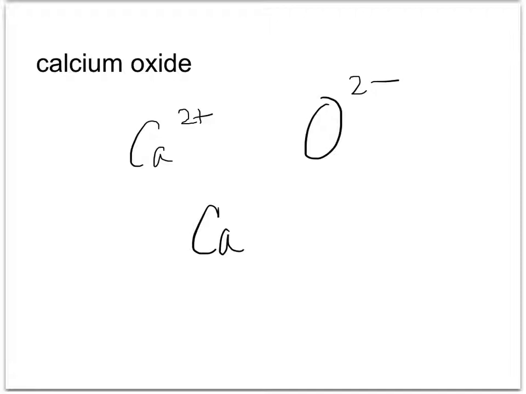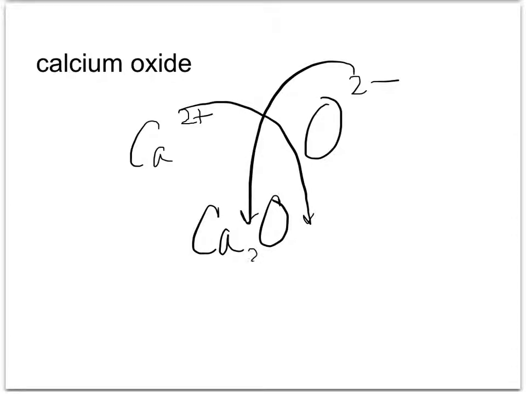So I put the cation first, the anion second. This 2 comes down here. This 2 goes over here. All right. What do you notice? The charges are equal and opposite. Likewise, the subscripts are equal. So just like in math class, whenever you have numbers that are the same or divisible by one another, you want to reduce, right?